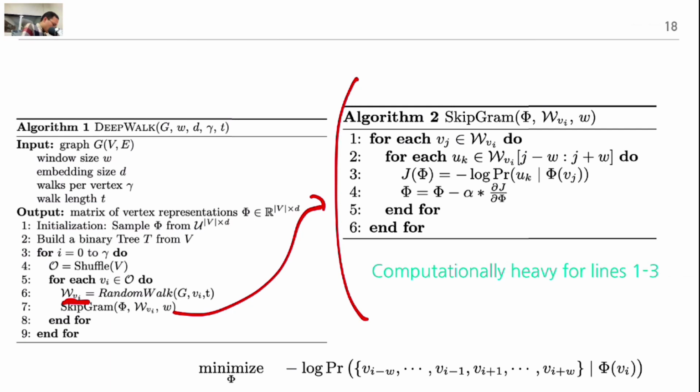In this case, I didn't want to be complicated, but in the random walk, in the middle of the random walk, it could be the input node.